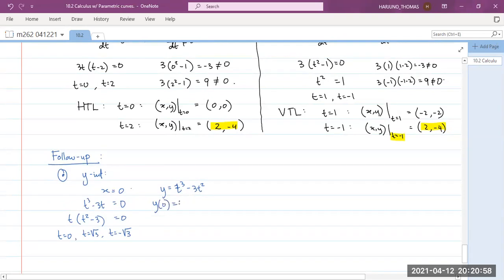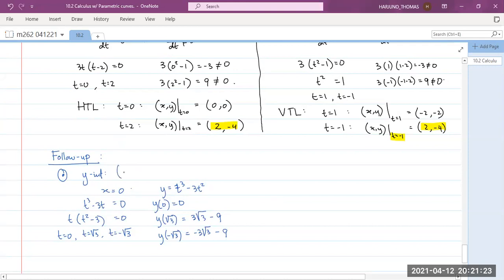That's 0, that's easy. How about y at radical 3? That's 3 radical 3 minus 9. How about y at negative radical 3? That's negative 3 radical 3 minus 9.